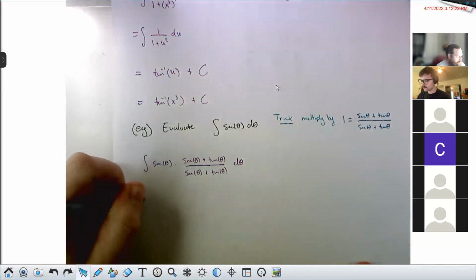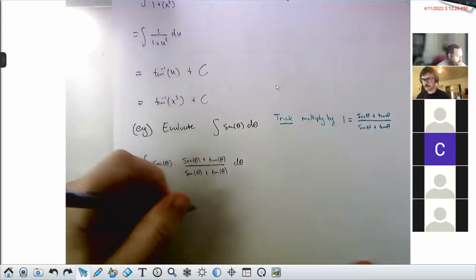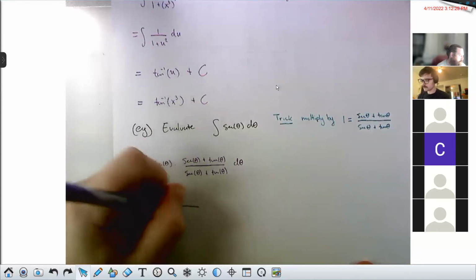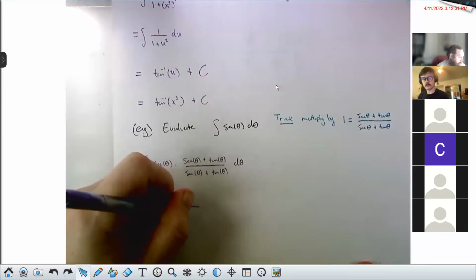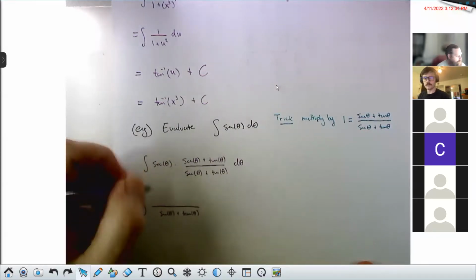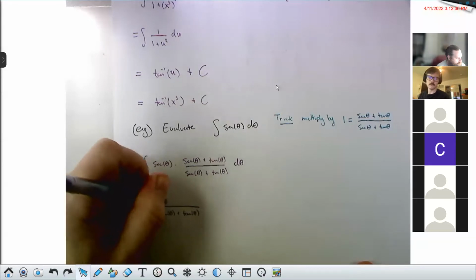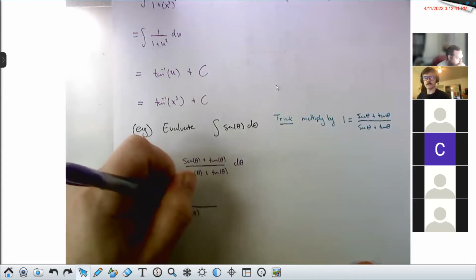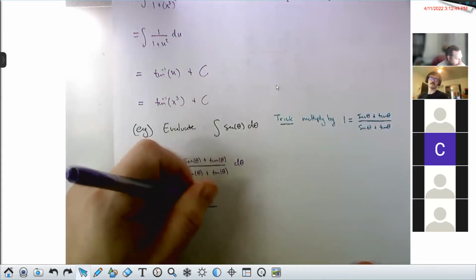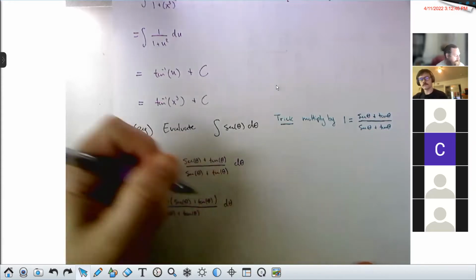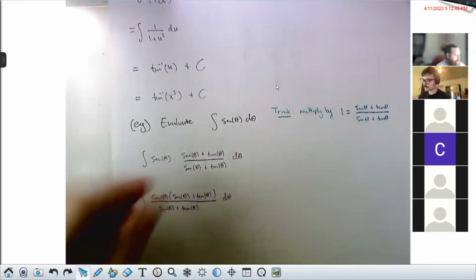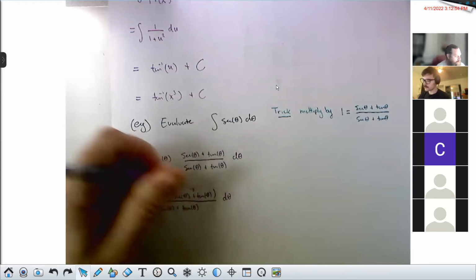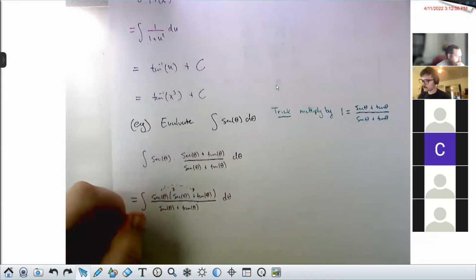This is now the same as the integral of something over secant theta plus tangent theta. The something is secant theta times parentheses secant theta plus tangent theta. Still not really looking any better. But then when I distribute this secant theta upstairs, something cool happens.